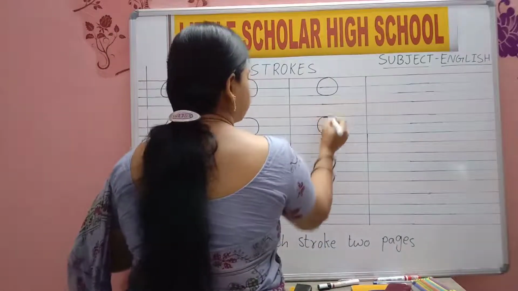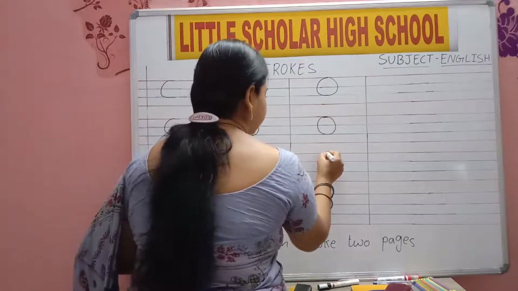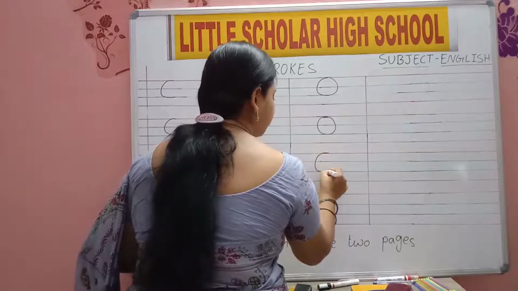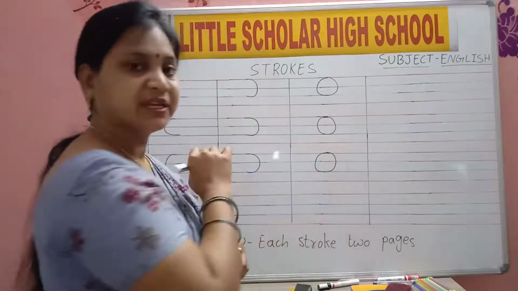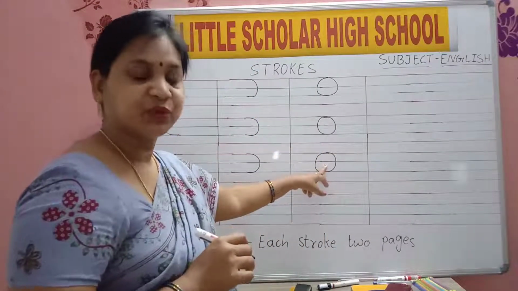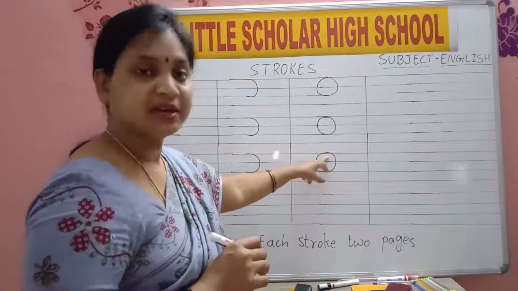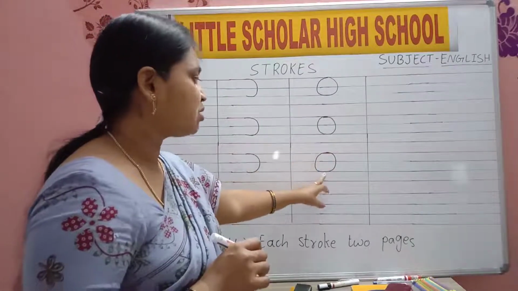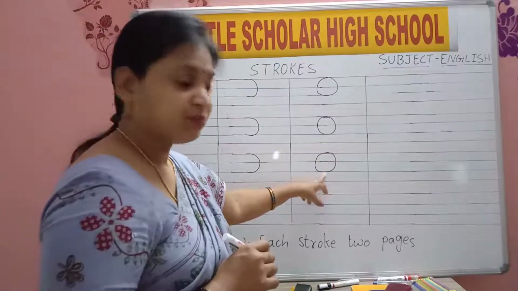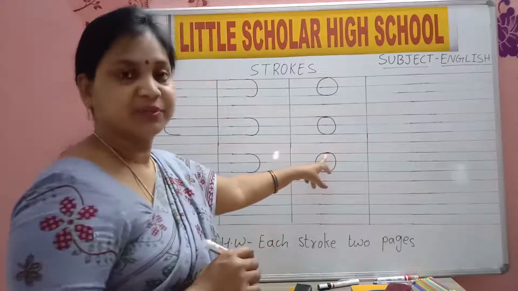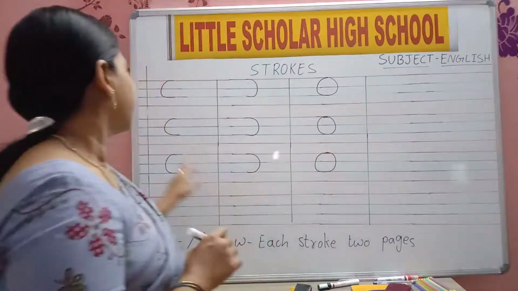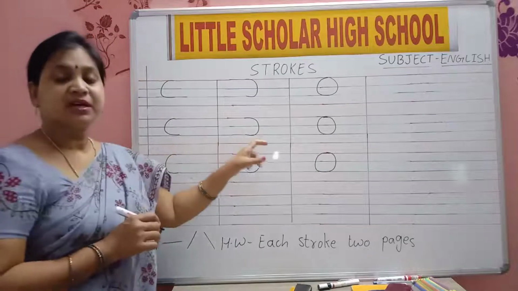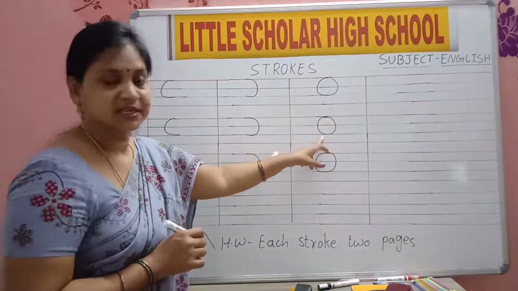Once again, start from the red line, touch the second blue line and go up. You will start from the red line, come down, touch the second blue line and again go up. Circle. Left curve, right curve, circle.